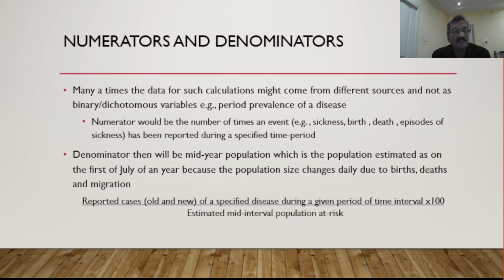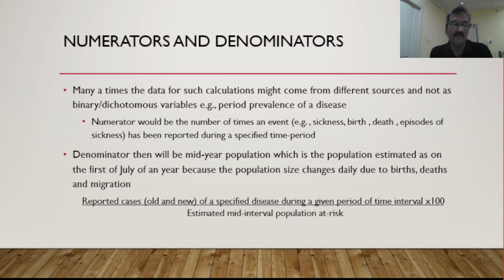So what I'll do is, for example, something known as a period prevalence of a disease. If you have a primary health center and you have a population of 30,000, and there are people who are reporting with a certain condition over the year, what I do is I take the number of reported cases in that year, typically speaking, a single instance per individual, out of the whole population.